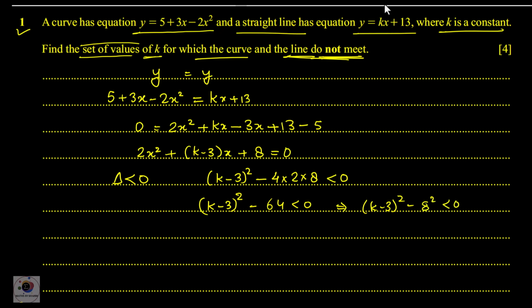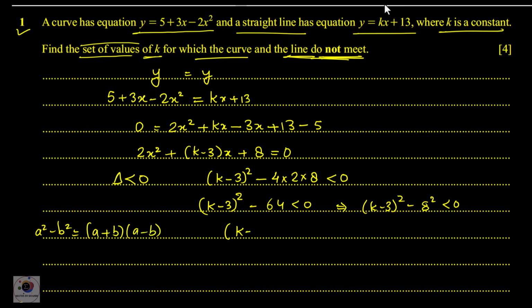The whole point of doing this, to solve the quadratic inequality, is that when you find the roots of the corresponding equation, we can figure out what values k can hold for which this expression will be less than 0. Since it is a squared minus b squared type, it factorises into one bracket a plus b and another bracket a minus b.